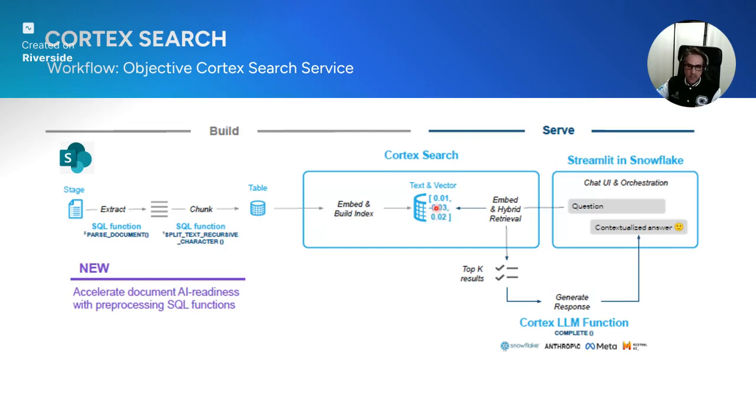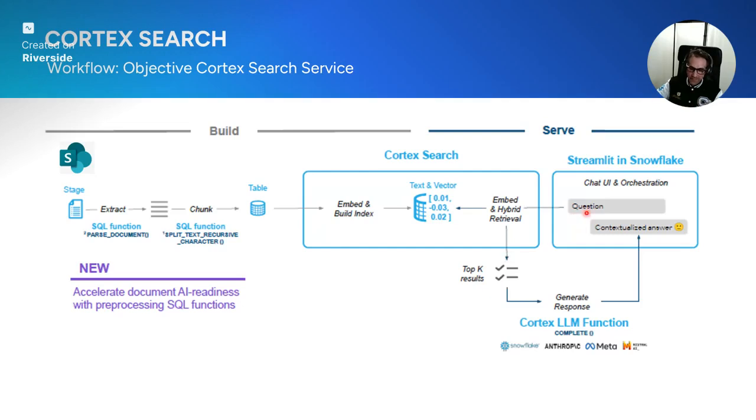Okay, and when that service is set up with that table, the different applications try to use that Cortex service in order to get the different results for our semantic search.